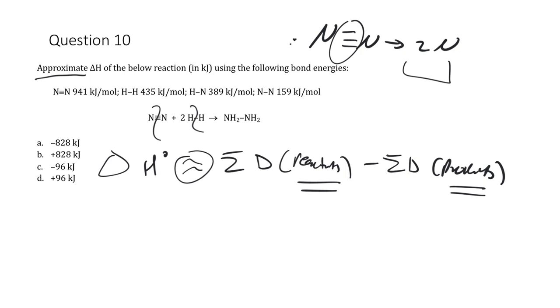And so to convert N2 into 2N atoms takes an absorption of plus 941 kJ. So heat's required to break bonds. So it takes heat to break these two bonds. It takes a lot more heat to break that triple bond in N2 than the single bond in the two hydrogens.